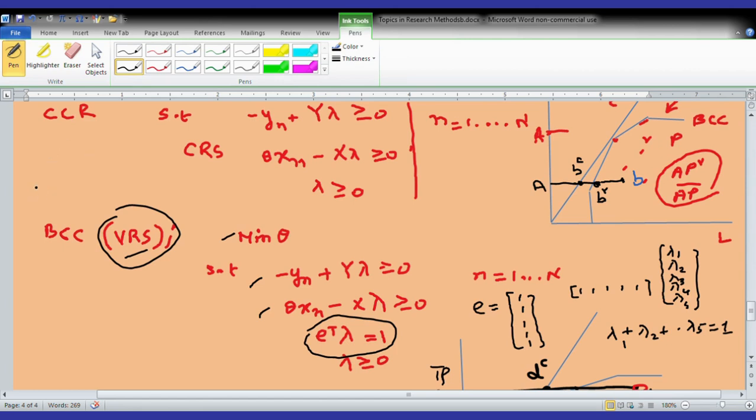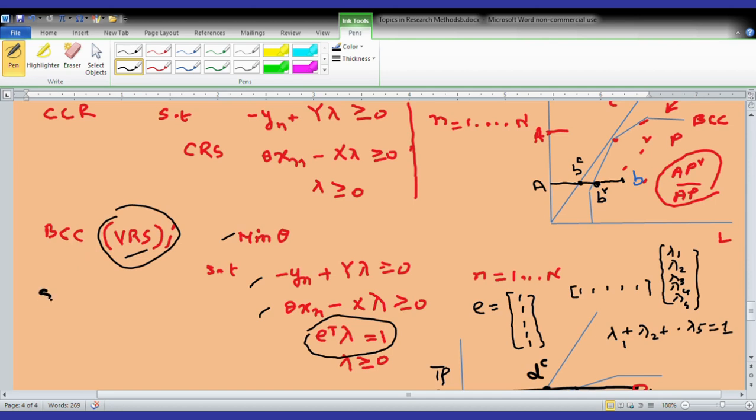In this case, we compute both the CCR technical efficiency score and the BCC technical efficiency score, and then we define the ratio of technical efficiency score CCR divided by the technical efficiency score BCC, and that is a measure of technical scale efficiency.